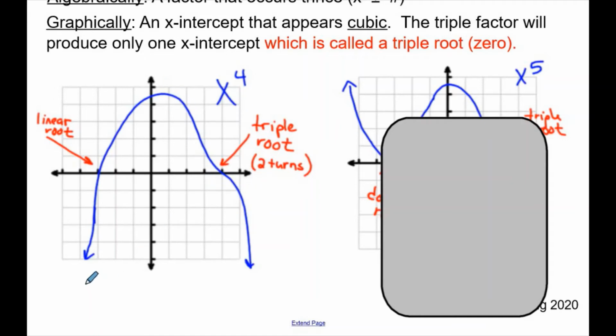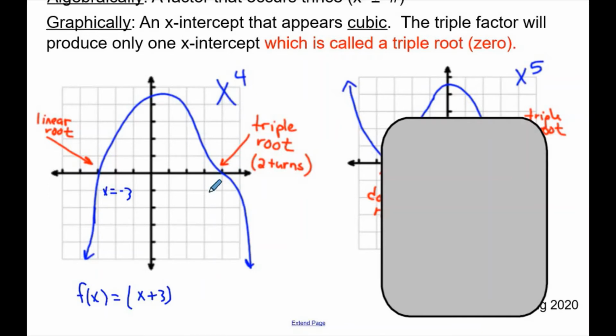And the function that this would be described by would be f of x is equal to, again, I put that at -3. So if this is at x equals -3, then the factor would be x plus 3. It is linear, so it has a little 1 right here.